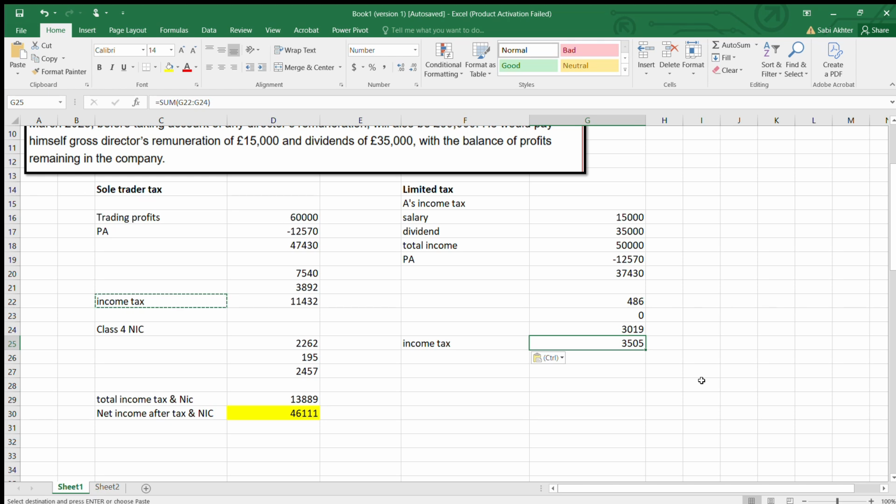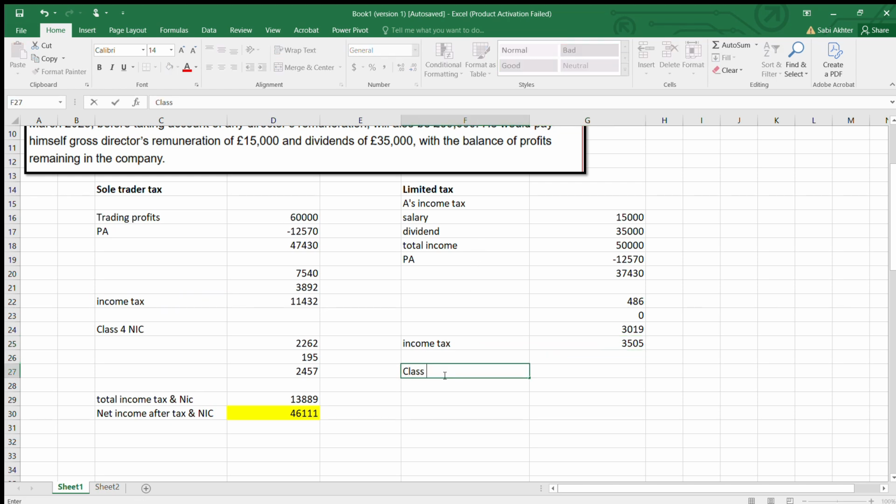Now, he's an employee receiving salary and dividend. Which NIC? Class 1 NIC.